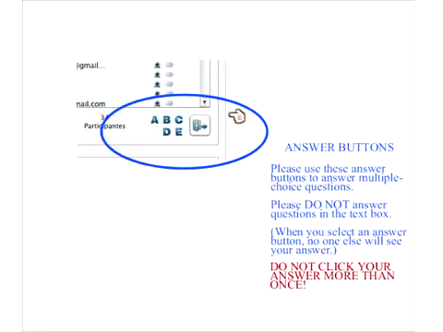Those are what you should use to indicate your answers. Please do not type your answers to problems into the text box, because that's not really fair to the other people attending the session, nor is it fair to people watching recordings. So please use the answer buttons to answer the question.